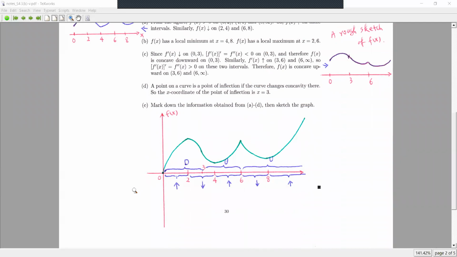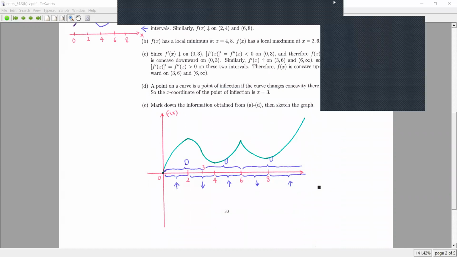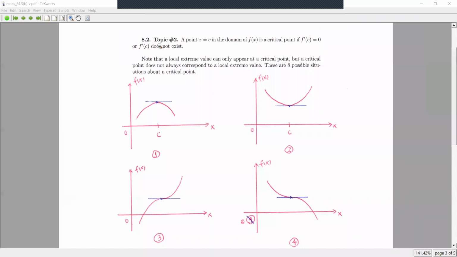This is topic 1. Next, we study topic 2, the second topic. The second topic is more about critical points. Recall that a point in the domain of a function is a critical point if the derivative there is 0 or the derivative there doesn't exist.